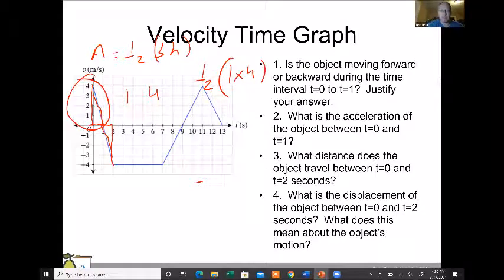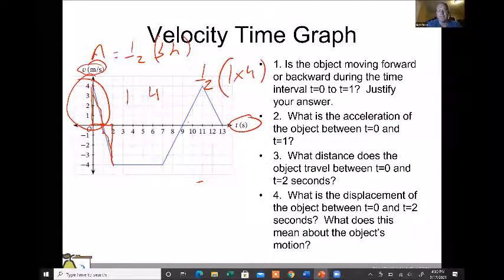Now, essentially what we're doing when we're finding the area under the curve is we're multiplying this quantity times this quantity. So what do we get when we multiply meters per second times seconds? Meters. So we end up with 2 meters for the distance here.